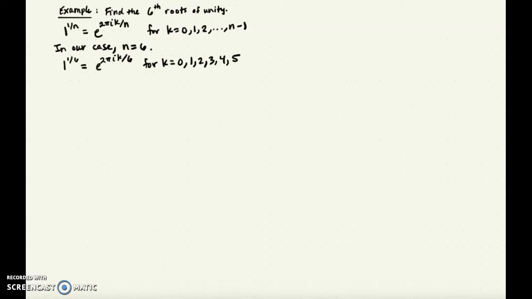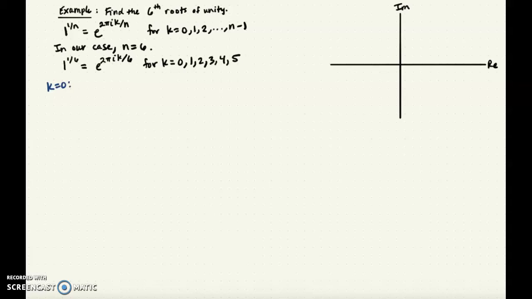Okay. I'm going to actually draw the roots of unity also in the complex plane to give you an idea of where they are in the plane. So remember, this is the real axis on the horizontal, and this is the imaginary axis. And we just start with k equals 0 and go all the way to 5. So we'll start with k equals 0.